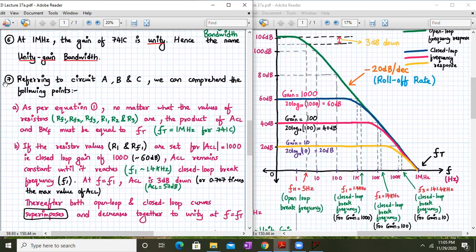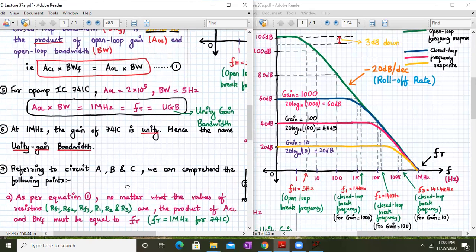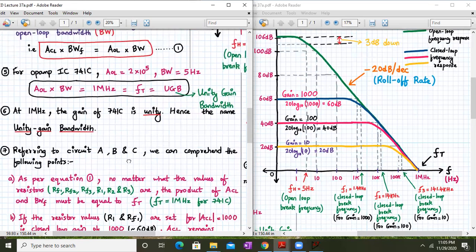Now referring to point number 7 we are discussing, referring to the circuits A, B and C, we can comprehend the following points. Equation number 1 is: ACL into bandwidth with feedback is equal to AOL into bandwidth without feedback.